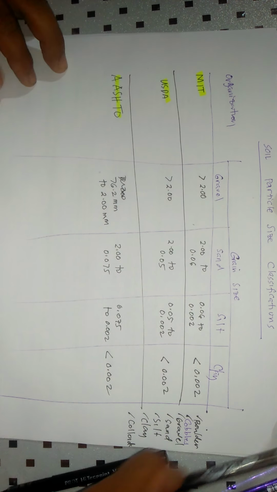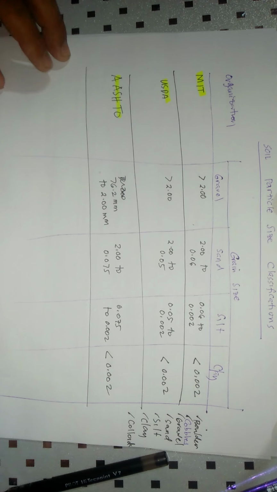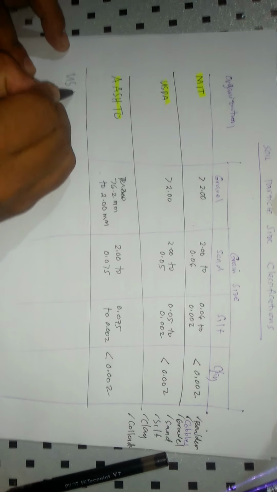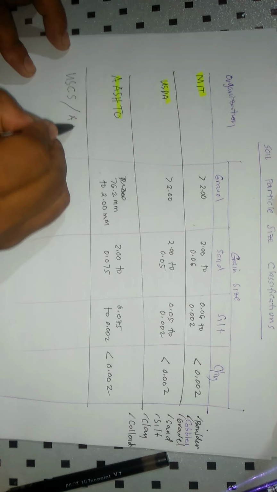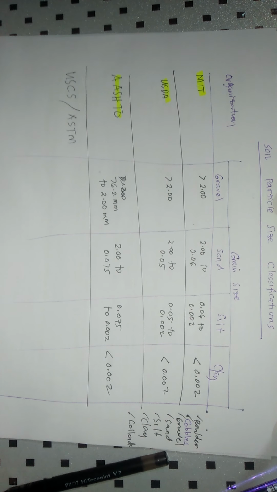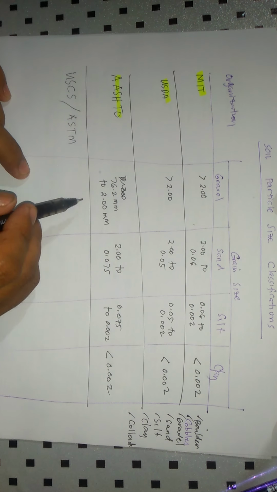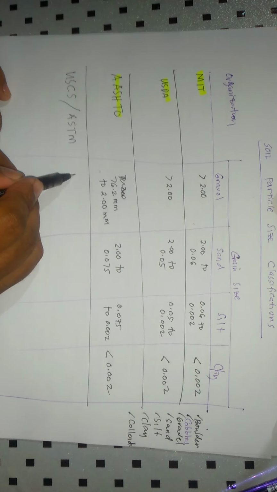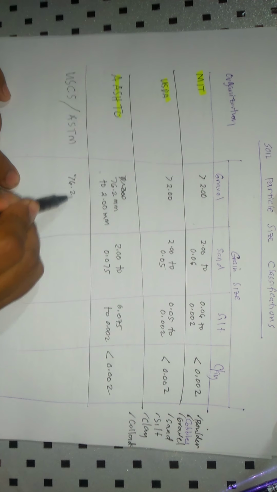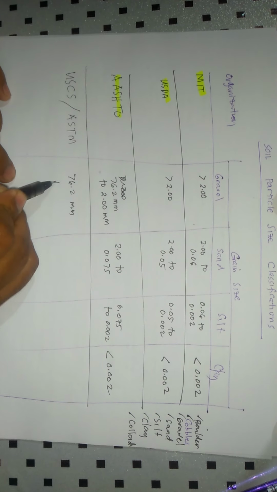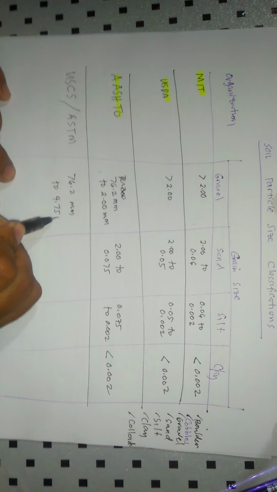And then the USCS. Lastly, we have your USCS or your ASTM. Our USCS is what? Your Unified Soil Classification System. And your ASTM is American Society of Testing Materials. Okay? So the description of our gravel is from 76.2 mm to 4.75 mm.